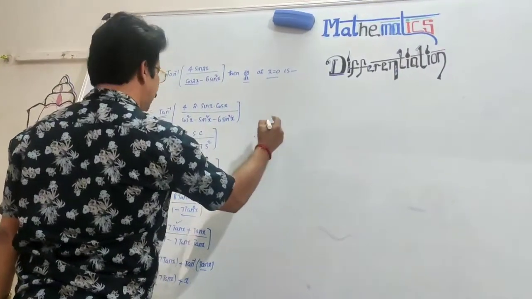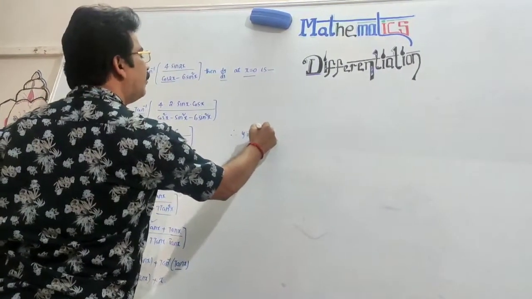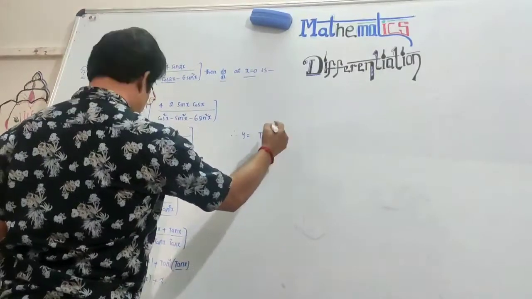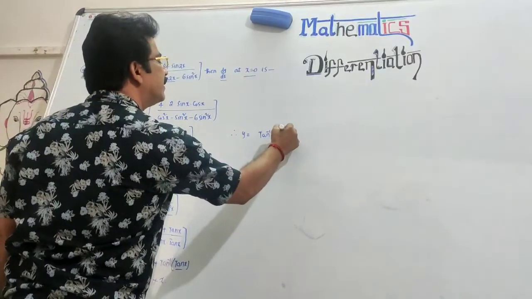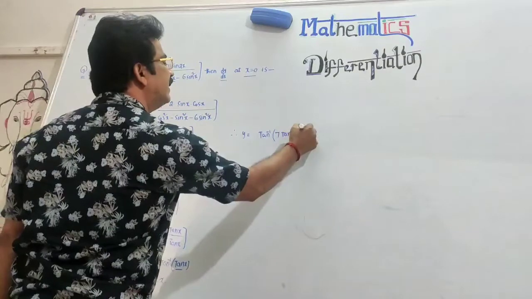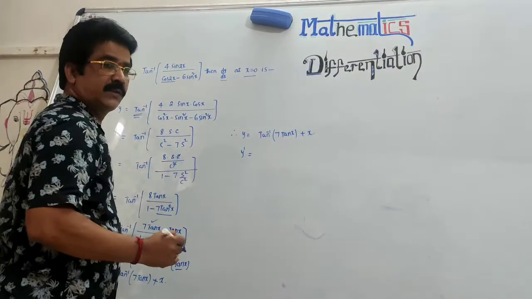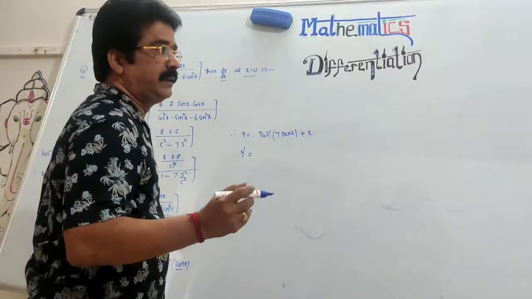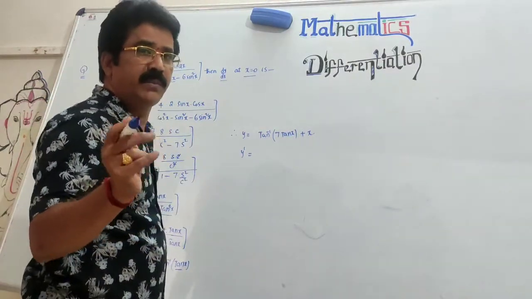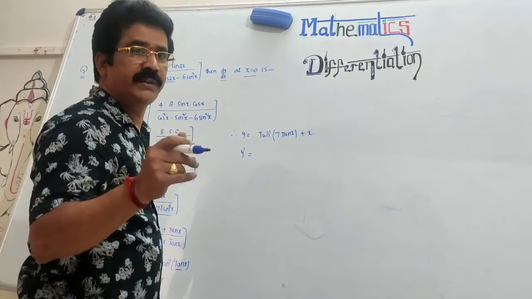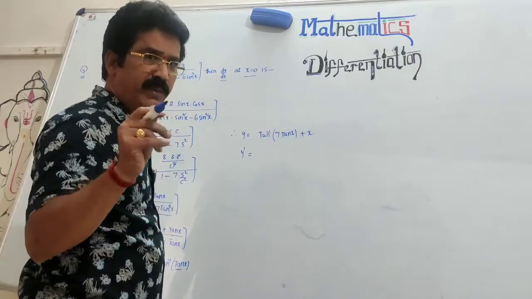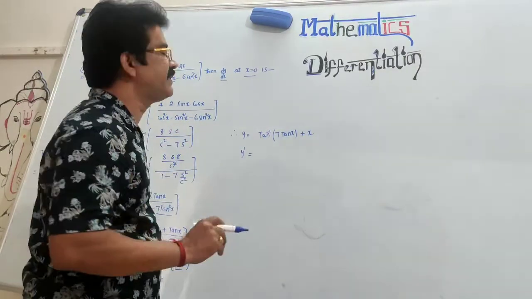So therefore y is equal to tan inverse of 7 tan x plus x. Now y dash equal to, actually, derivative of tan inverse x is equal to 1 by 1 plus x square, and derivative of tan inverse of f of x is equal to 1 by 1 plus f of x whole square into f dash of x.